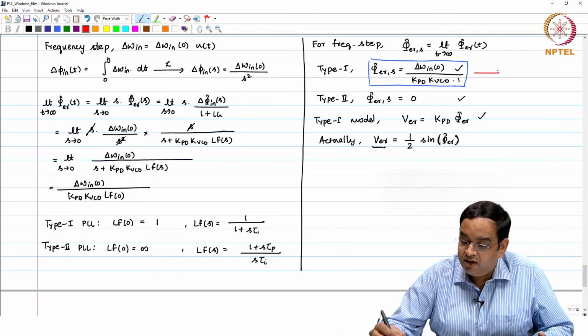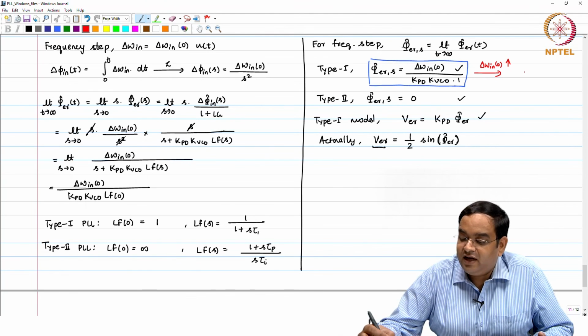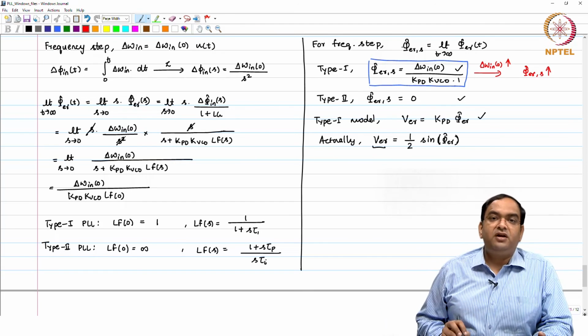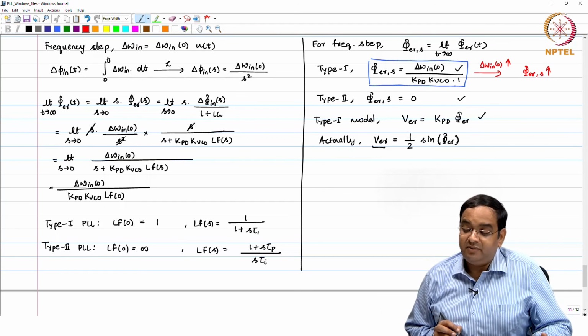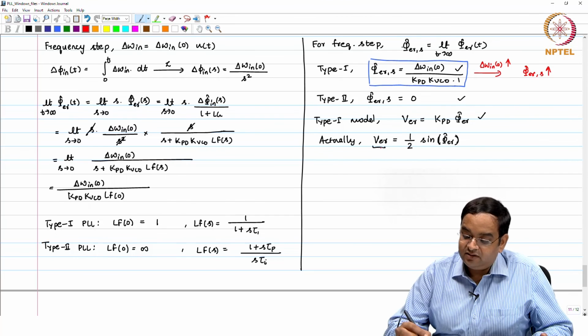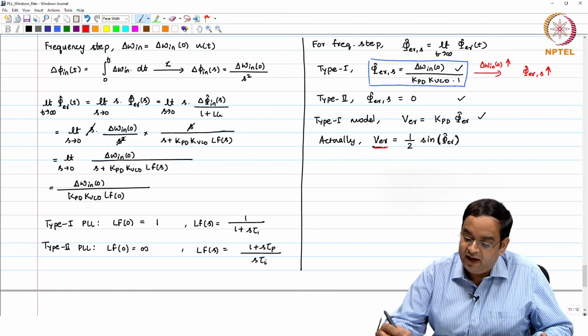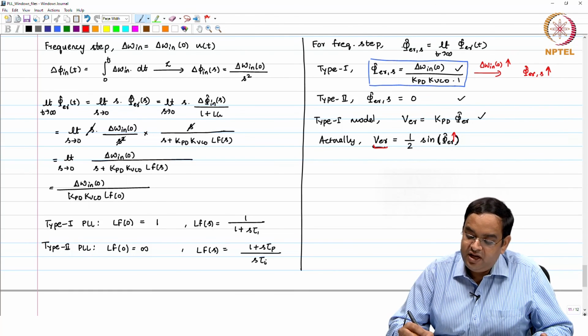Here, if delta omega in 0 is large, phi error will also be large. If I increase delta omega, phi error will increase, and it appears that your PLL will always remain in lock. Whereas actually what you see is, even if phi error increases, your V error is bounded.